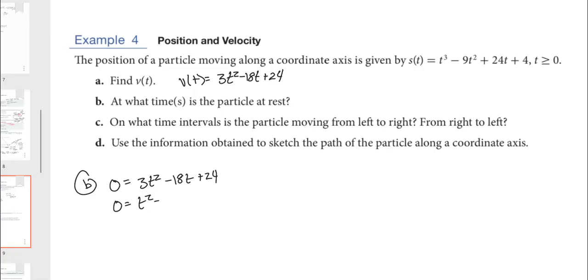Let me try that again. Divide by 3, divide by 3, divide by 3. So this is t minus 4 and t minus 2. So there's 2 times we're going to have a velocity of 0: at 2, and then again at 4.